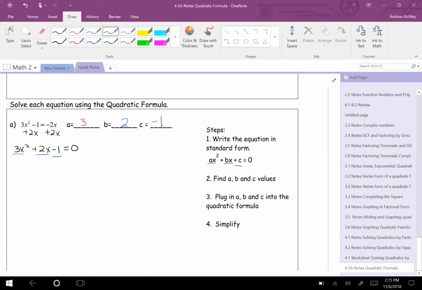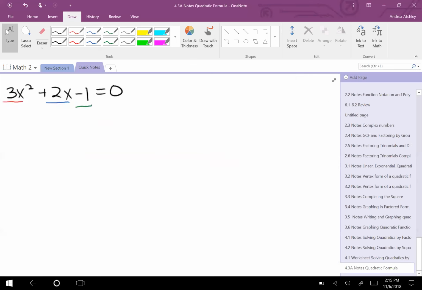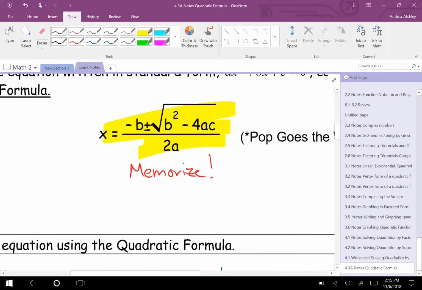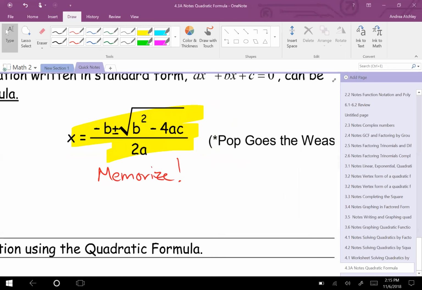Now we're going to plug it into the quadratic formula. But before you do that, we're going to have to write it out. The more you write it, the more you learn it, and you have to memorize it. So we're going to sing it yet again. Everyone again together, or you get to sing a solo. Ready?